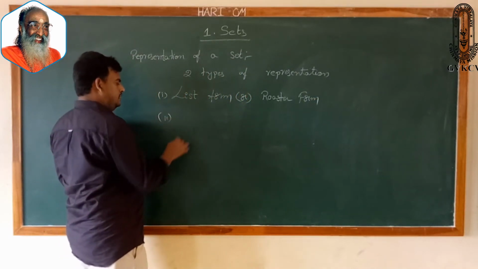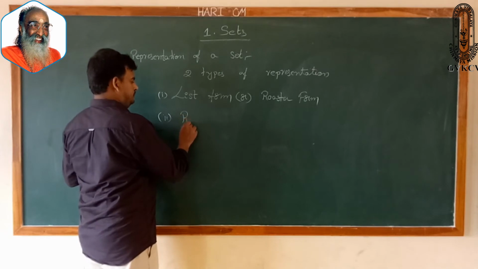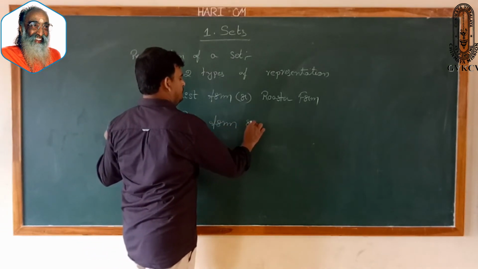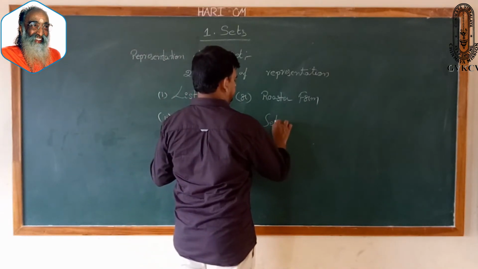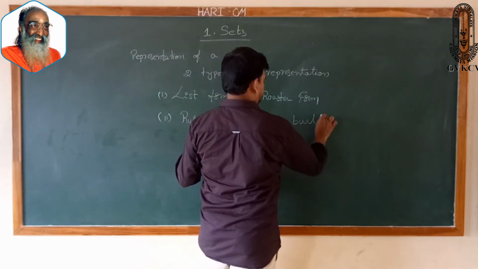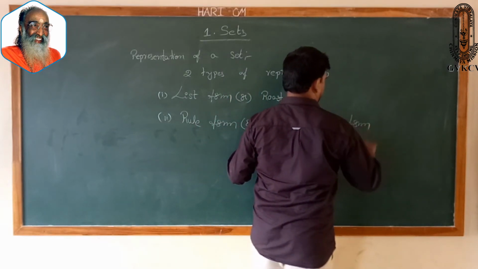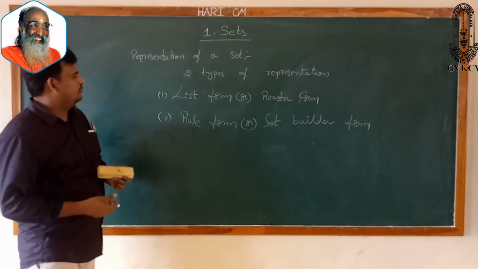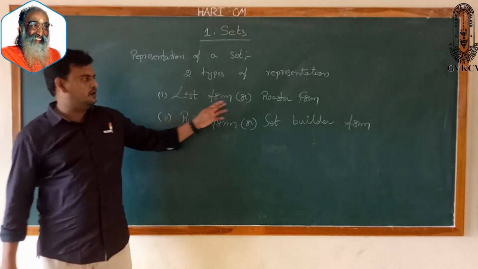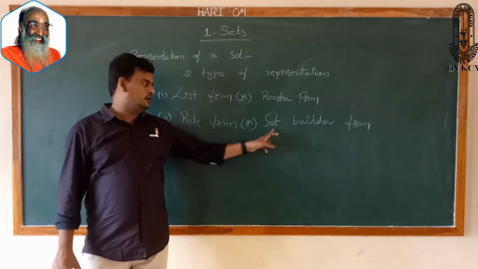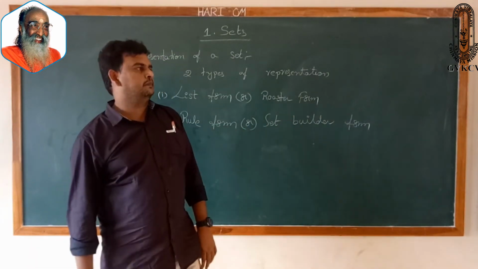The second one is rule form or set builder form. So, what is the meaning of list form or roster form? What is the meaning of rule form or set builder form?